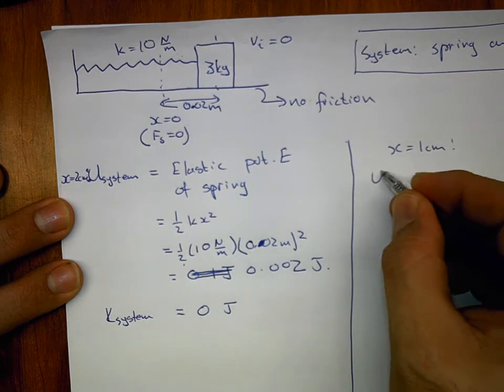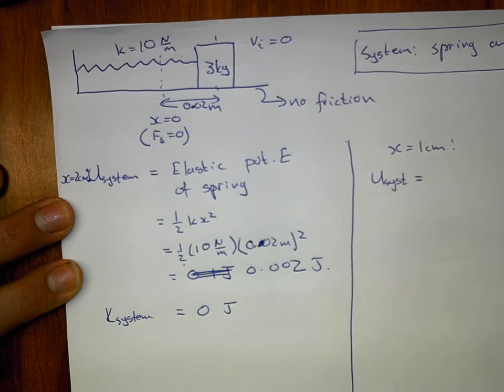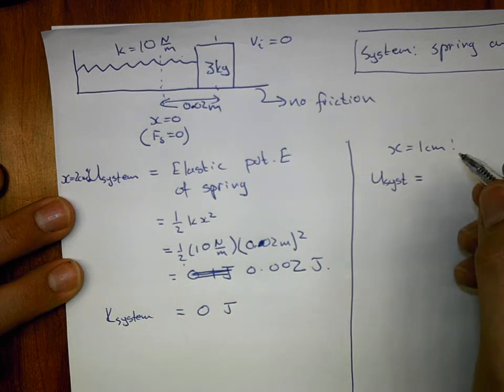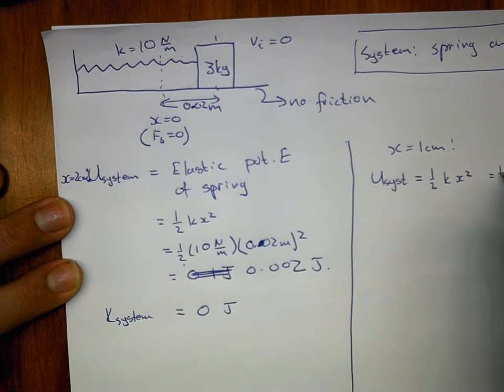Then our potential energy of the system is equal to a half times kx squared. In this case it would be a half times 10 times 0.01 squared. So let's do this by hand. That's half, that's 10. This would be 0.0001.